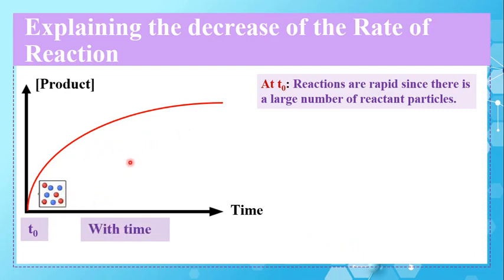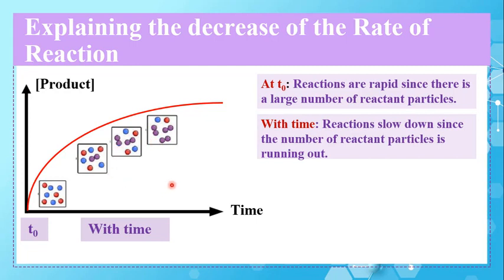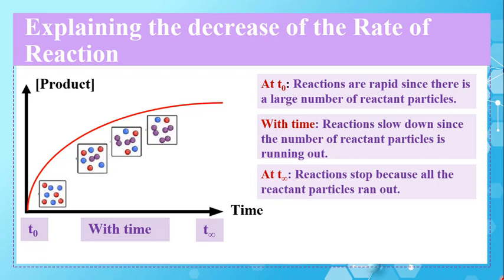With time, reactions slow down because the number of reactant particles is running out, and so we have a smaller number of collisions per second. Finally, the reactions stop because all of the reactant particles run out. This means that the number of collisions per second is 0.